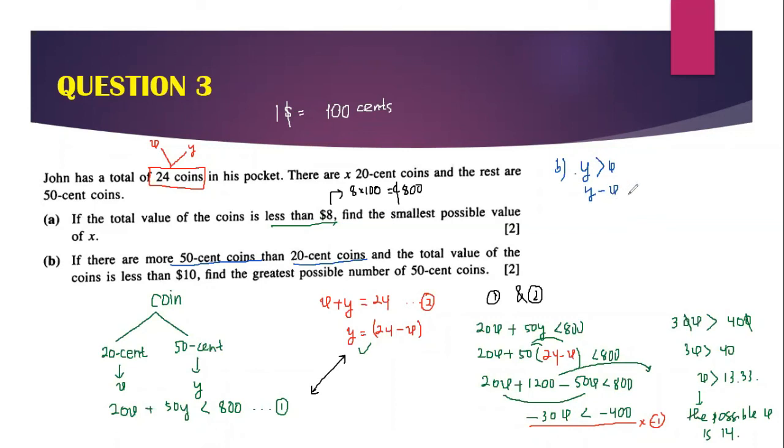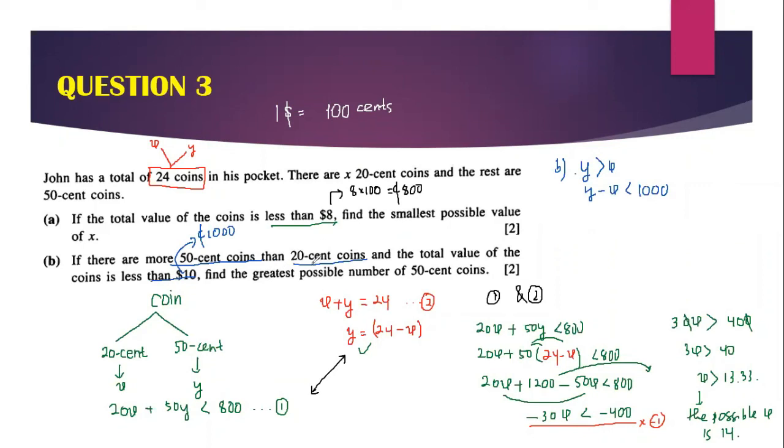The information is the total value is less than $10, less than 1,000 cents, because $10 means 1,000 cents. Is it clear, everyone?